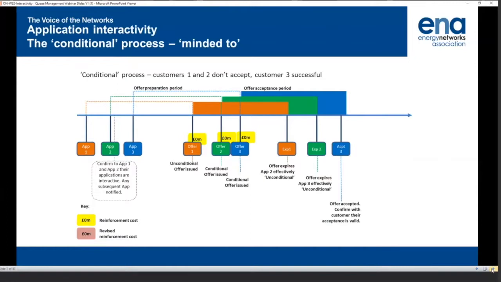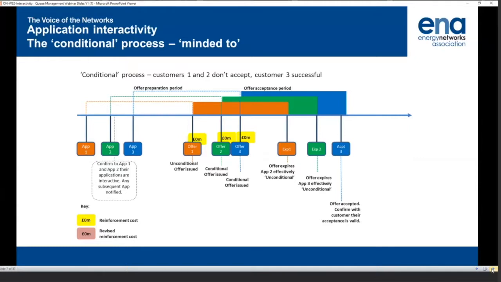So on this slide, we're showing a slightly different example. And sorry, folks, if you are confused in any way, just send any questions in, and we can try and pick them up later. In this particular example, we've got exactly the same 3 applications, exactly the same 3 offers that are issued, but in this particular case, customer 1 decides not to accept their offer by the end of the 30 days.